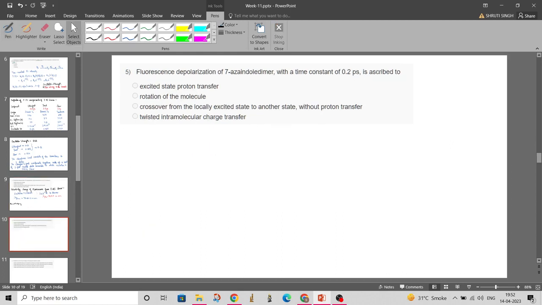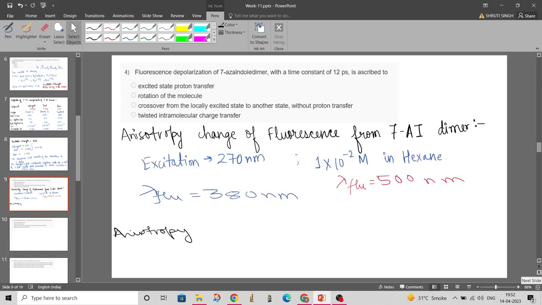Now I'll just draw the spectra how it came.